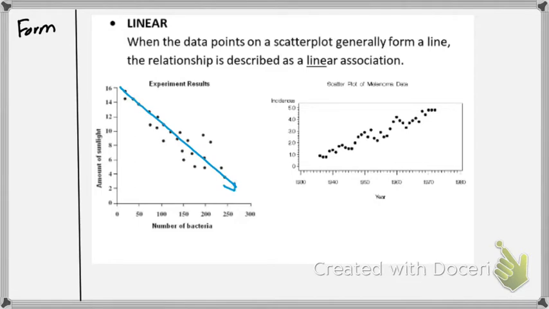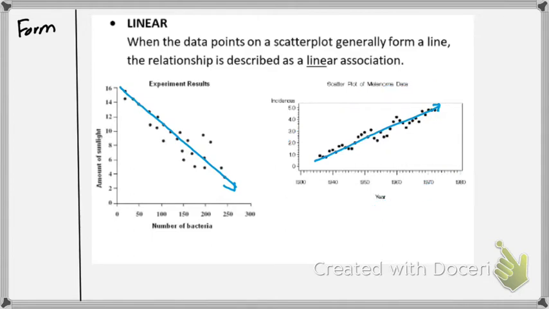So this would be a moderate negative because we're going down, and we have these points over here. The next one, here we have a positive, and I would say that's a strong positive. And so we would have a linear strong positive on this one right here.